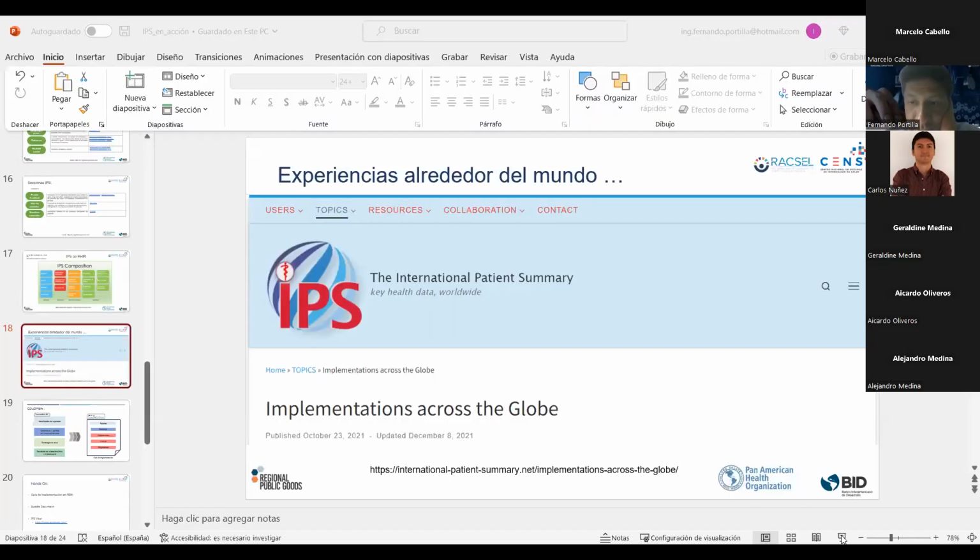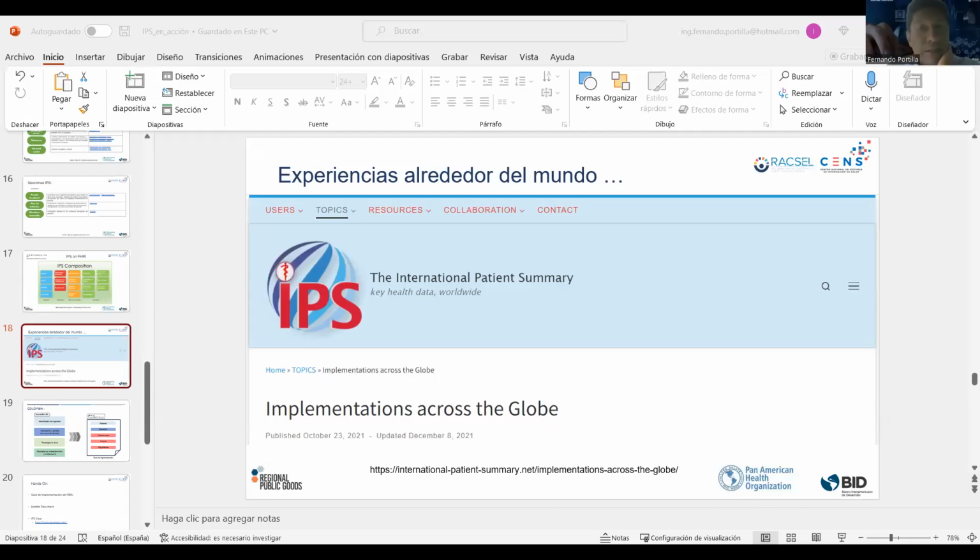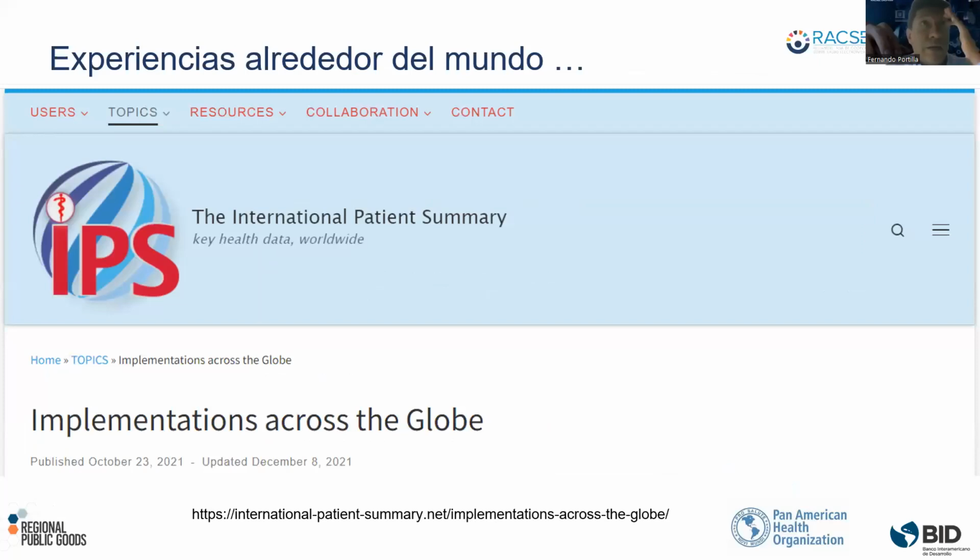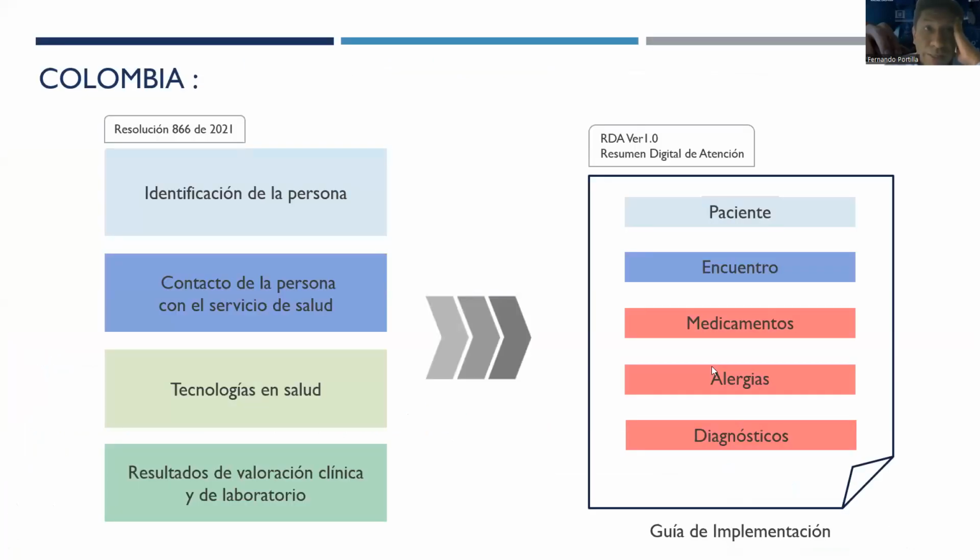Colombia put together a specification, a standard, because they required a standardized representation, and Colombia has this standard, Resolution 866, where the data that can be exchanged is under this standard, and it was necessary to put together the model, the exchange model.